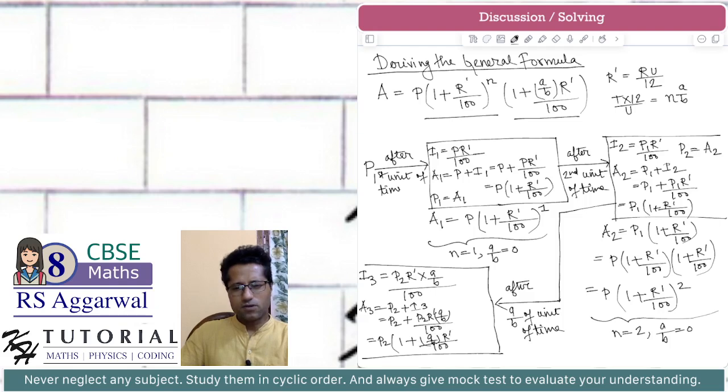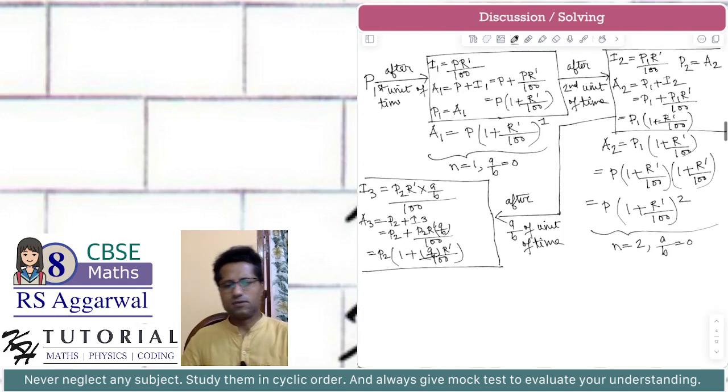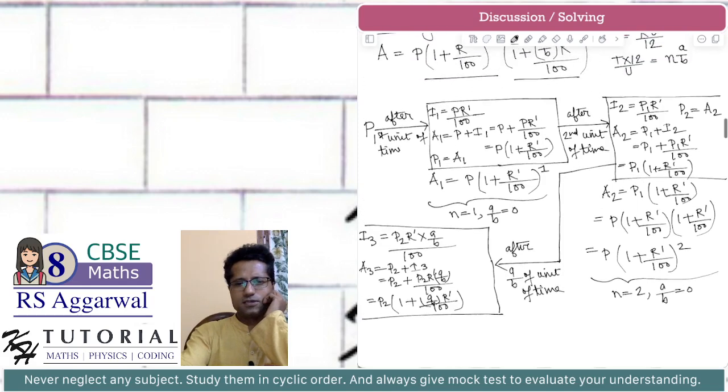I'm really sorry for my congested writing, as I am having no space. Anyway, so this is P2 multiplied by 1 plus A by B R dash by 100. This is the amount after the last period. So consider this is the scenario.